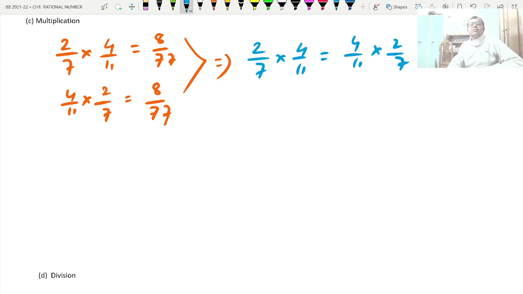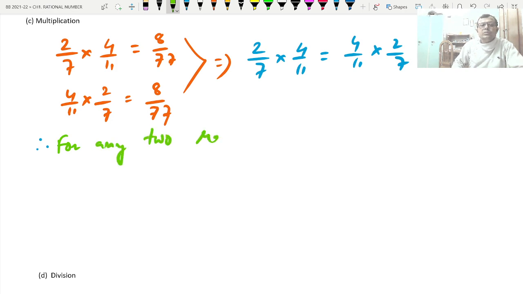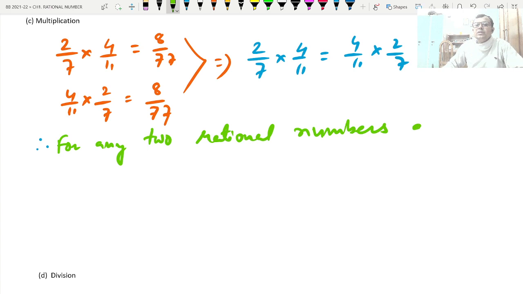This is true. So for any two rational numbers A and B, A into B is equal to B into A.